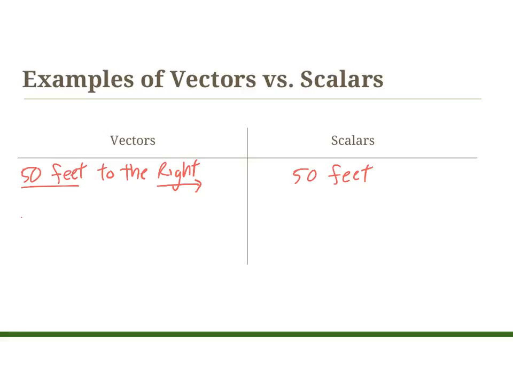Another option would be something like 3 miles north. So we have our magnitude and we have our direction, north. Whereas a scalar value would be something like just 3 miles.